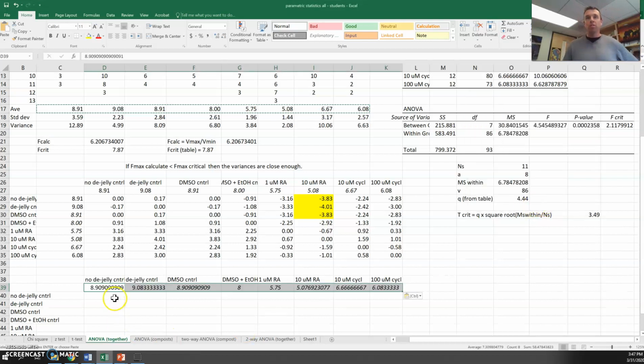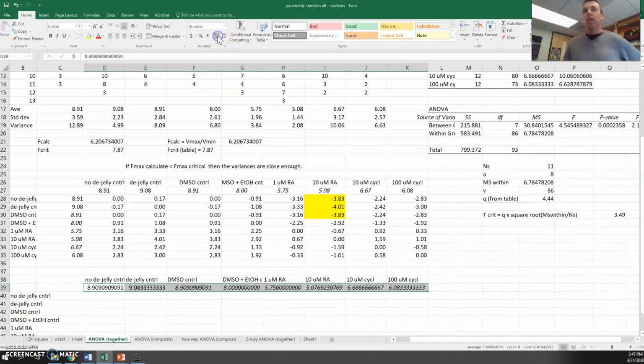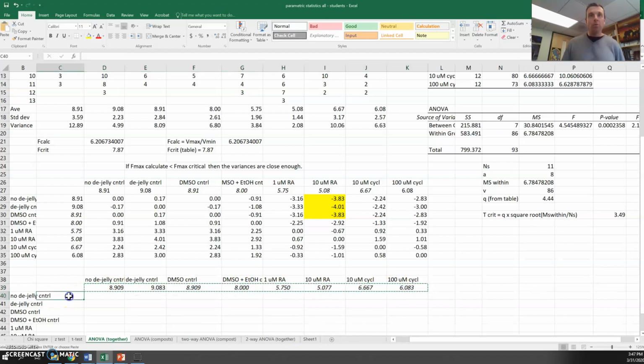So there's my values. All right, and I can put that into a manageable set of decimal points. Then I can copy that, and remember transpose? Well, I'm going to use that again. I'm just going to transpose that same data because my no D-jelly control has 8.9. Here it also should have 8.9.